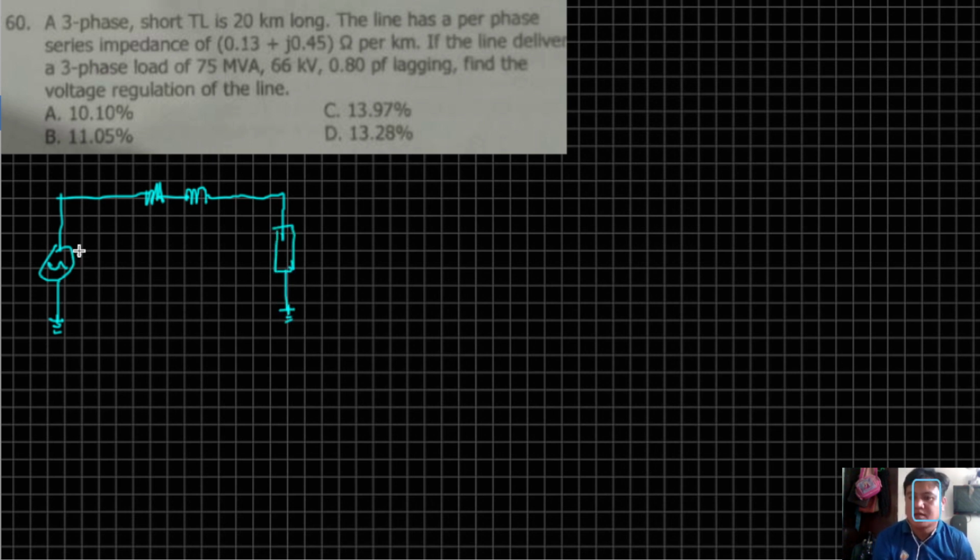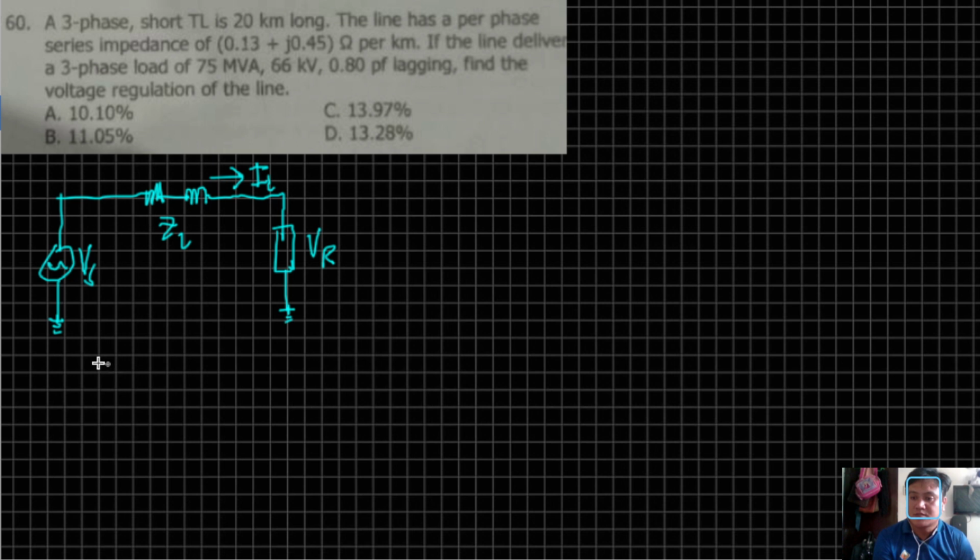Okay, so you have sending, receiving, and this is your line, and you have your I of the line. And that would be equal to, for short transmission line, I line is equal to the I of your load, per phase current.